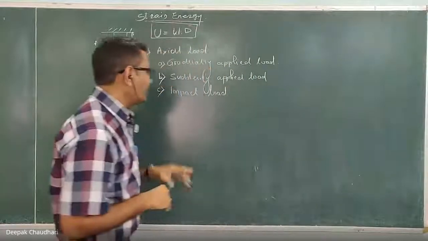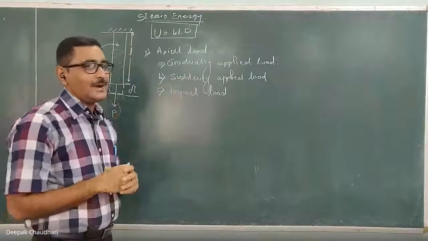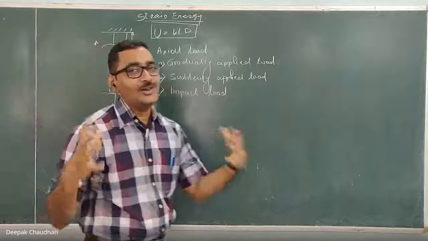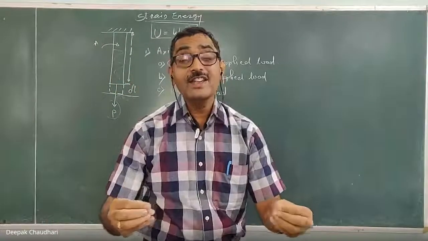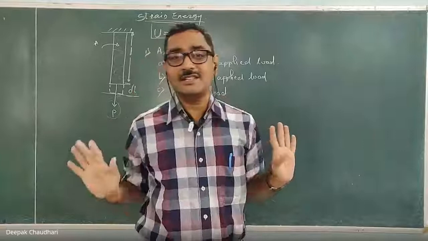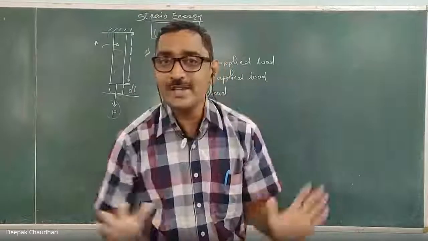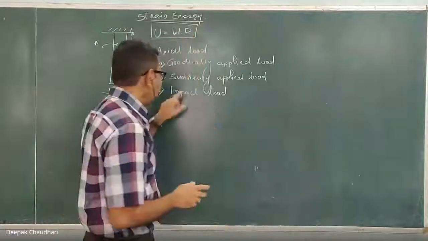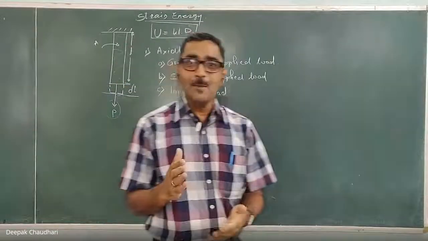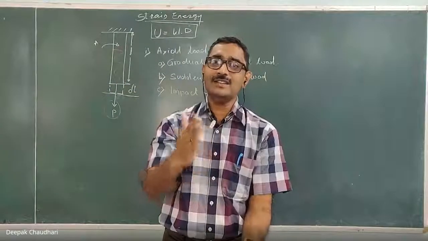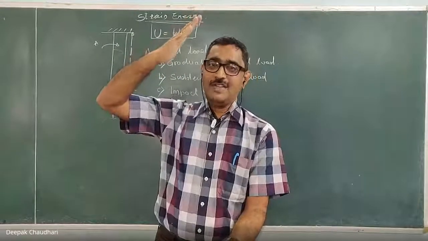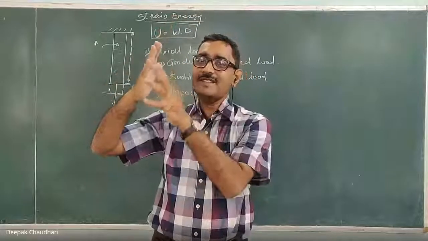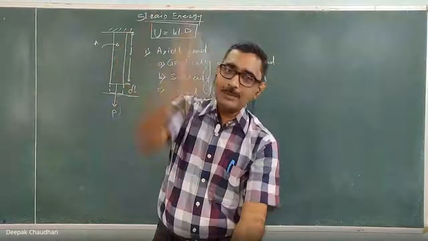So don't get confused between the suddenly applied load and the impact load. In suddenly applied load, the load is applied all of a sudden without any velocity or momentum. Whereas in impact load, the load is applied with some momentum. When we hammer something, the hammer has some mass and we drop it with some velocity.